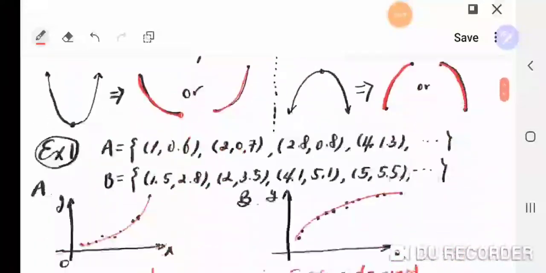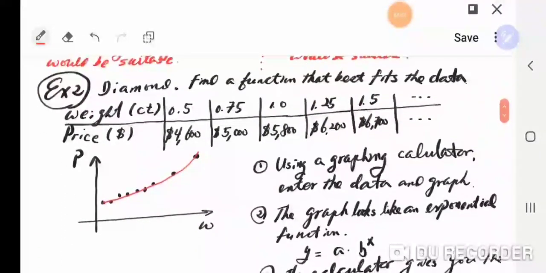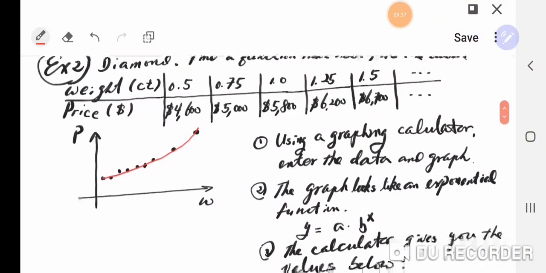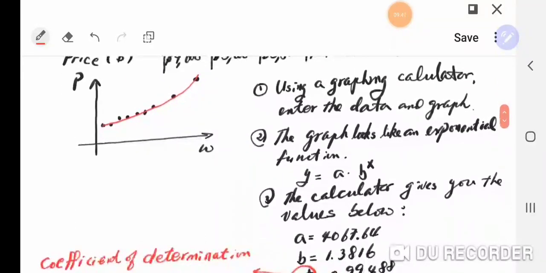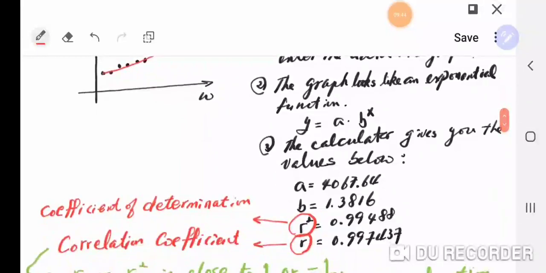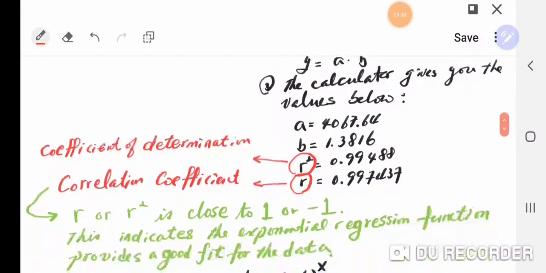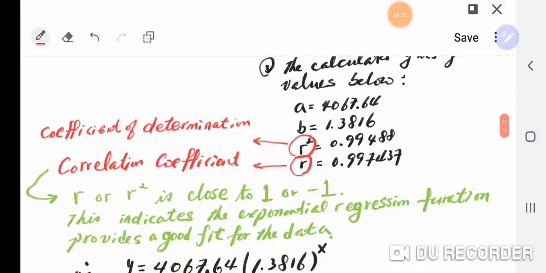So in this case, plot the data using a calculator and check how the graph looks. Based on the graph, set the graphing calculator with, in this case, an exponential function. Then it will give you the values of a and b to make this exponential function. Then check whether the correlation coefficient, the value of r, is close to 1.